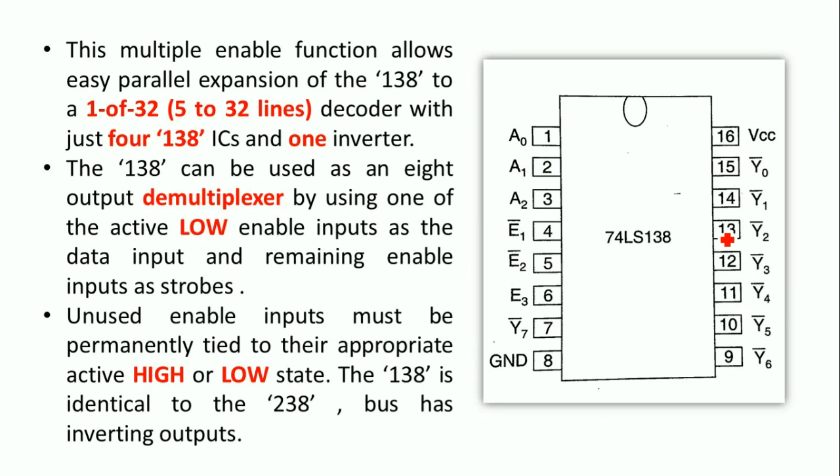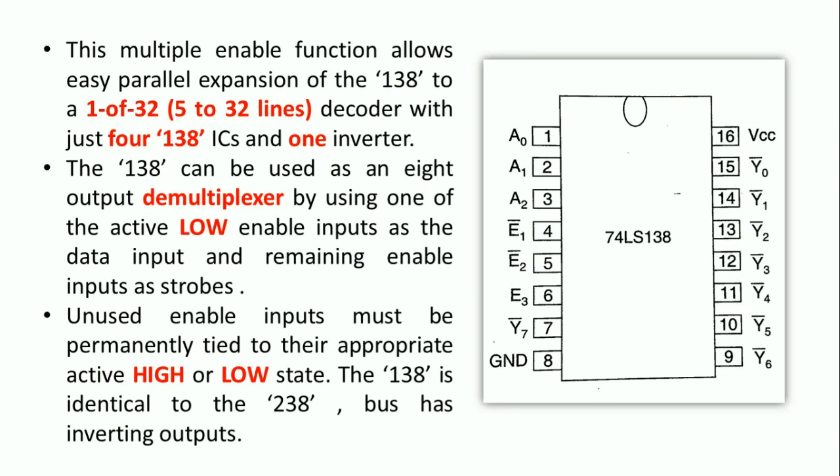That is, we will get 32 output lines by using 4 74LS138 decoders. For each 74LS138 decoder we have 8 outputs, so 4 into 8, totally we will get 32 output lines. This will be possible with 4 ICs, that is, 4 74LS138 decoders and one inverter.